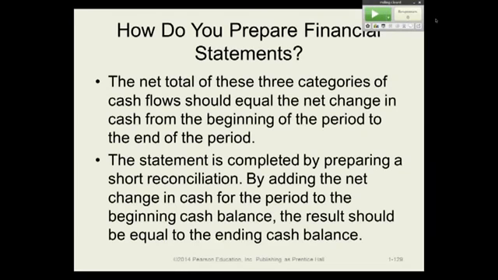Okay. All right, so let's go back to the accounting equation. And you have to remember, the beginning of the period is when you started the business. So there's no cash to start, so your ending cash has to be 9.